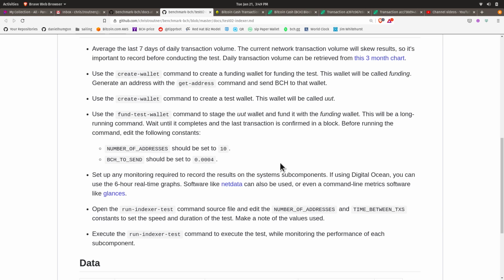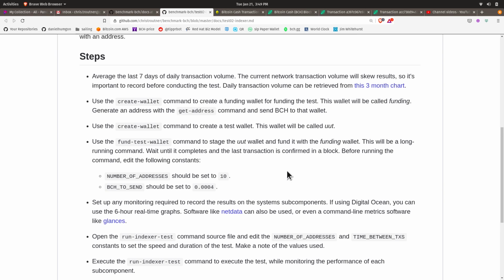Because these are child UTXOs, or new UTXOs rather, the indexer will have to rapidly update its UTXO database in order to provide the next UTXO to be spent.